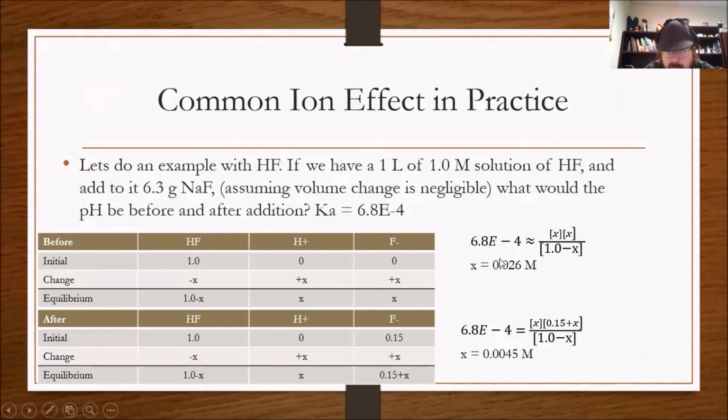Instead of the concentration being 0.026 for acid, it's now 0.0045. So we've lost by a factor of about 4. Concentration of acid has gone down.